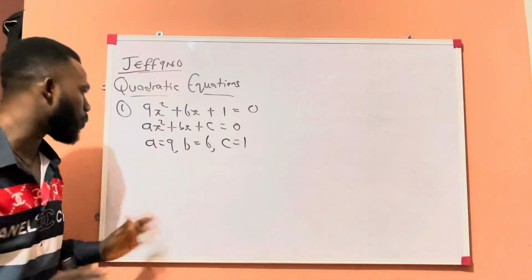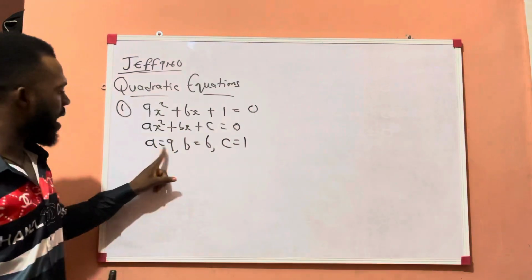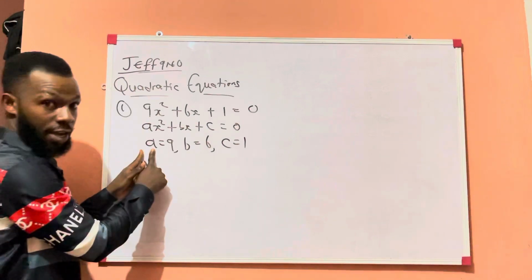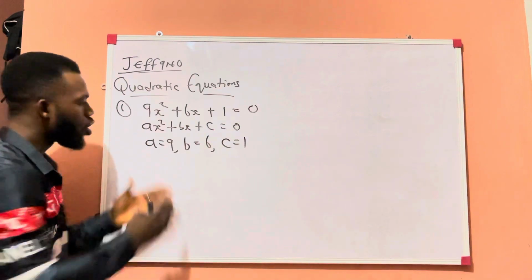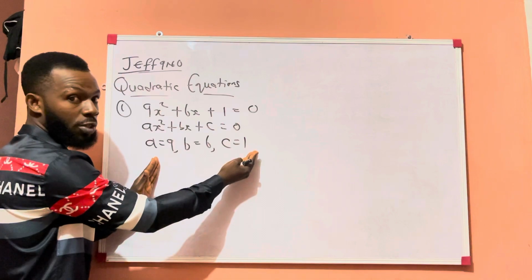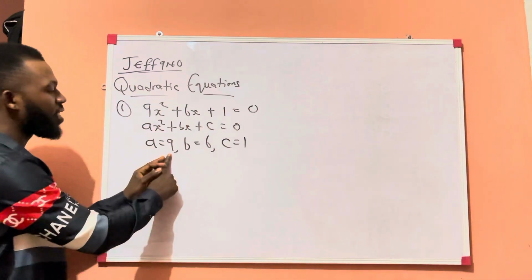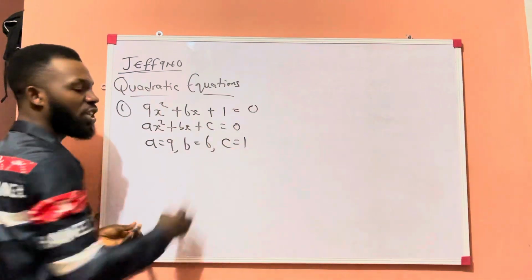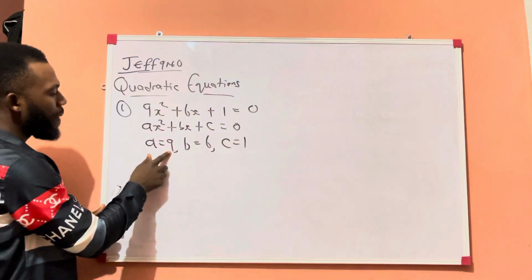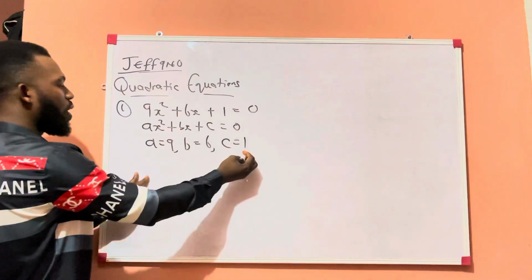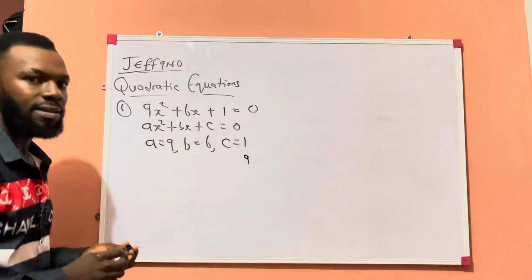It is very simple. The value of a, you use to multiply the value of c. The value of a is 9. The value of c is 1. So, if we multiply 9 by 1, we are going to get 9. Now, what does that mean?